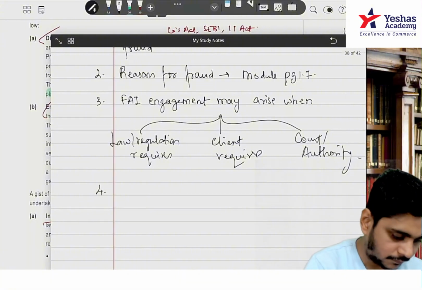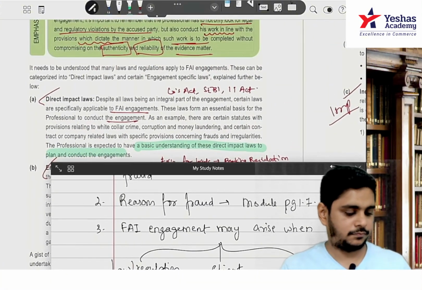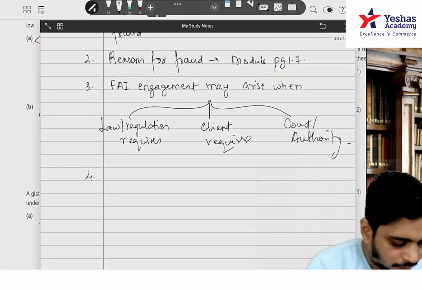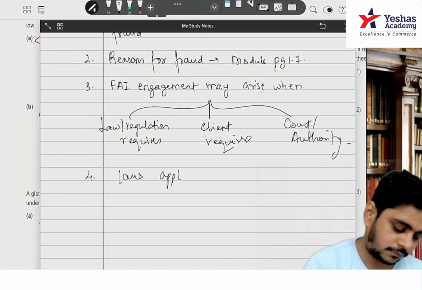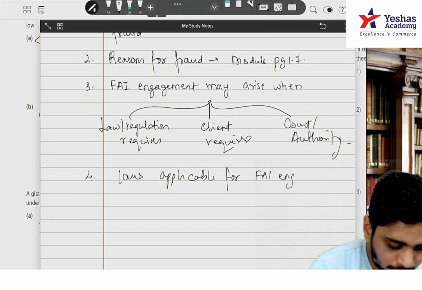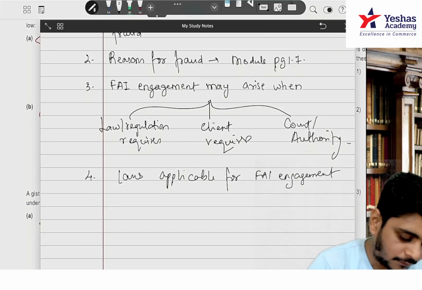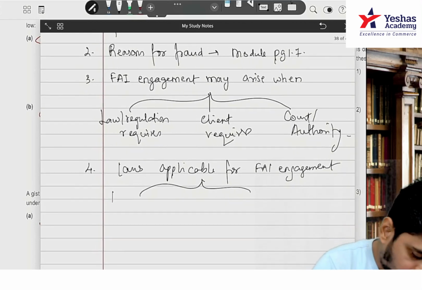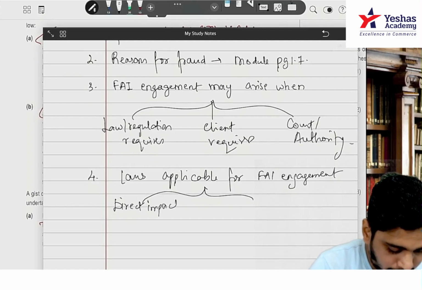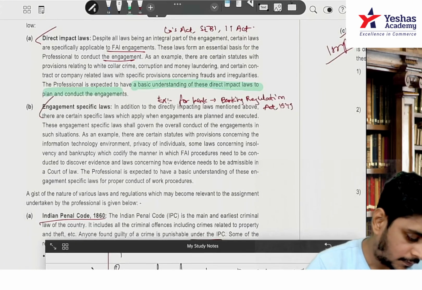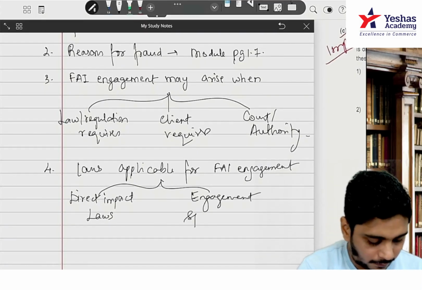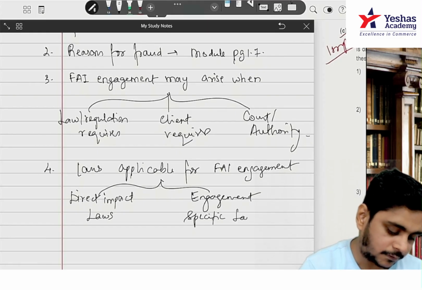Then, laws applicable for FI engagement: direct impact laws, engagement specific laws.